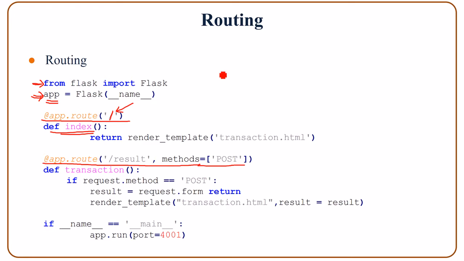So when the user or yourself go to the web browser and enter something like, for example, localhost, it is because you run the web server on your own computer, so it is always localhost. And then let's say the port number is by default 5000.